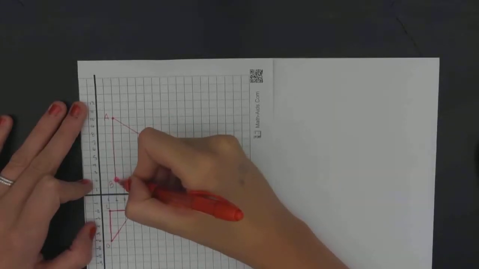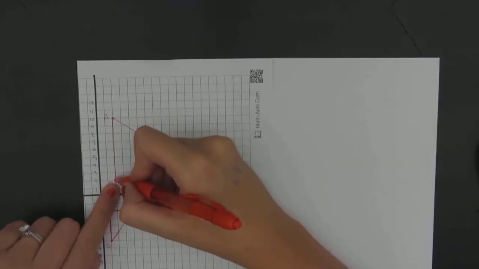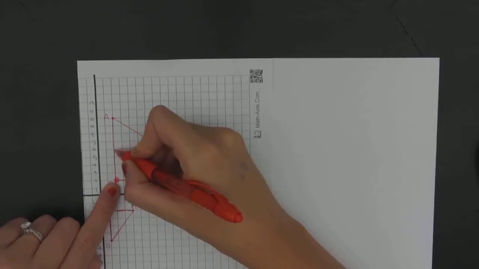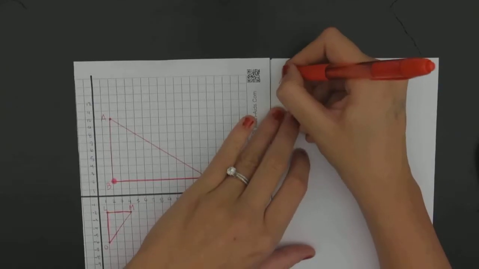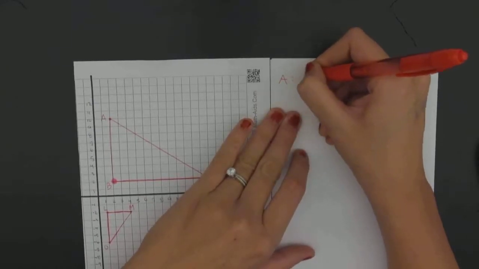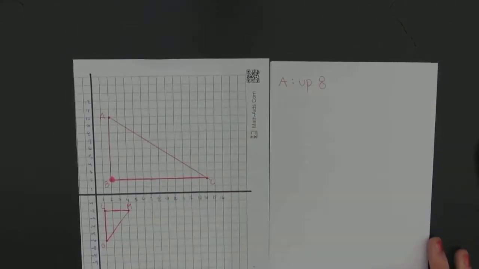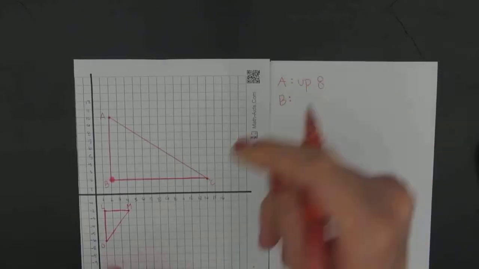So to get from B, which is our center of dilation, to A, what did I do? Let's see, I went up 1, 2, 3, 4, 5, 6, 7, 8. So to get to point A, I went up 8. Okay, let's see, to get to point B, what did I do?